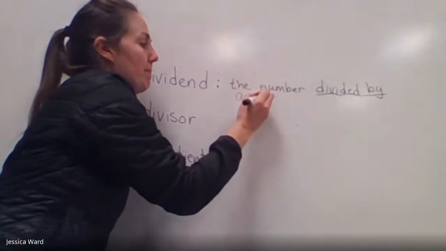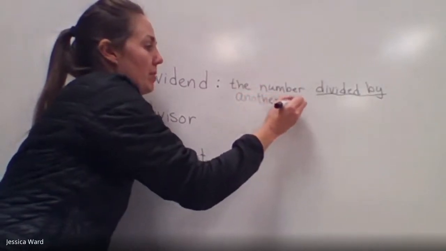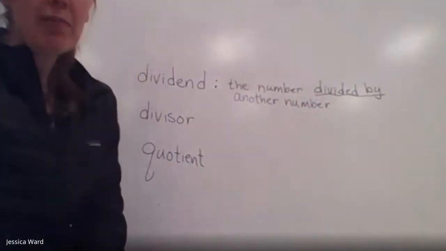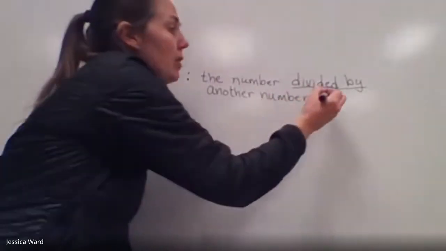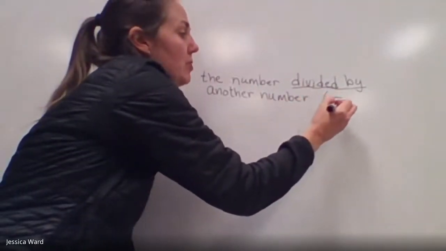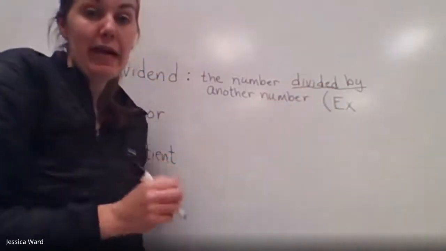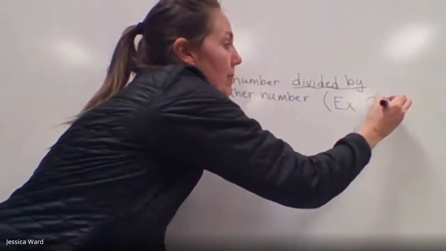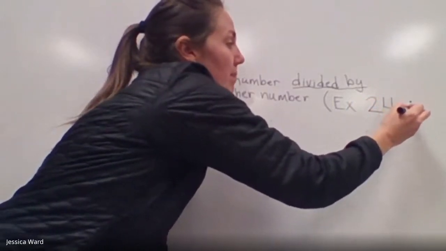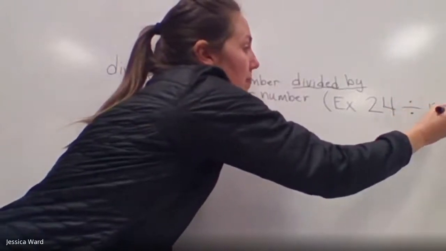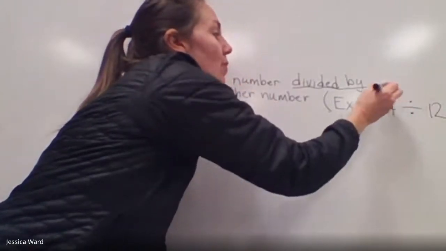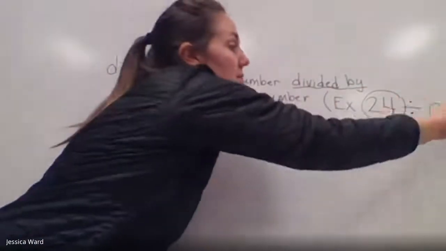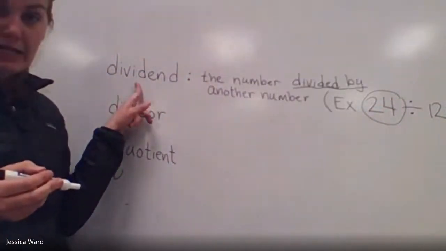For your example, I'm going to write mine in parentheses, but you can fill it in that last box. An example would be if I have 24 and I divide it by 12, 24, the number that I am dividing, is going to be my dividend. Okay?